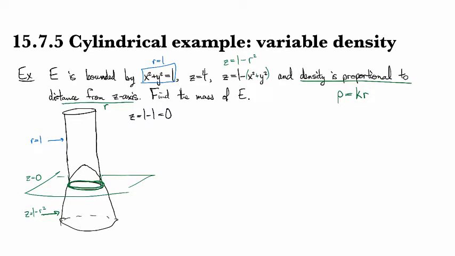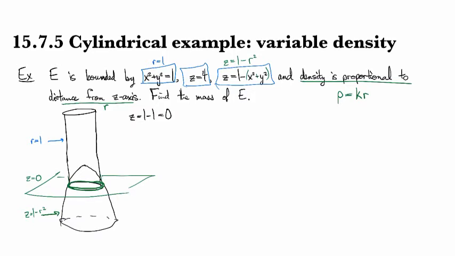And now we just need to figure out how to set up the integral for this. When I look at it, one of the first things I see is we have z equals this and z equals that, which is a nice suggestion that maybe we want to first do a vertical integral in the dz direction.